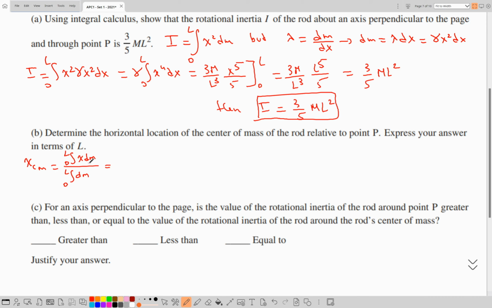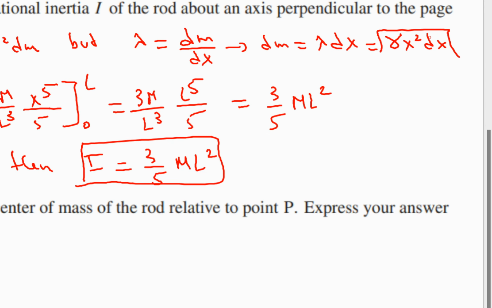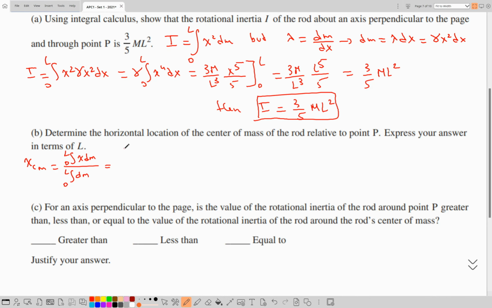Now we have determined in the previous part the infinitesimal mass to be given by gamma x squared. So that would be the integral from 0 to L of x gamma x squared dx divided by the integral from 0 to L of gamma x squared dx.